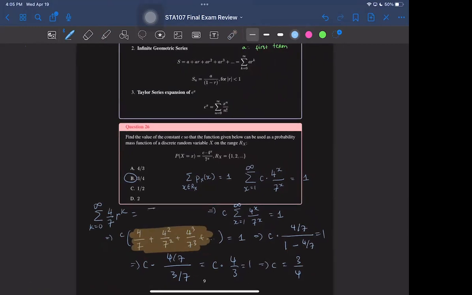And this is the same as if you say r to the power of k, with k starting from 1 to infinity. They are actually the same series. But if you have something like this, you will need to change it to this form so that you can use the formula here.